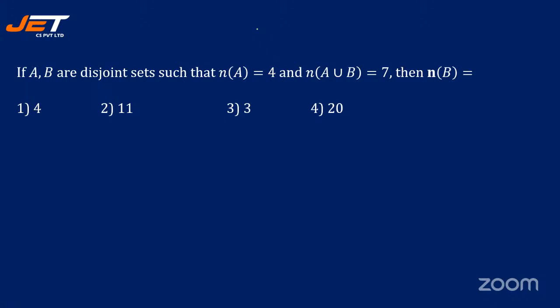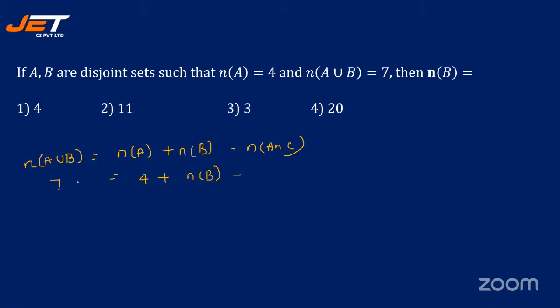We have a formula here. n of A union B is n of A plus n of B minus n of A intersection B. So n of A is 4 plus n of B, which we don't know, minus n of A intersection B. n of A union B is 7.